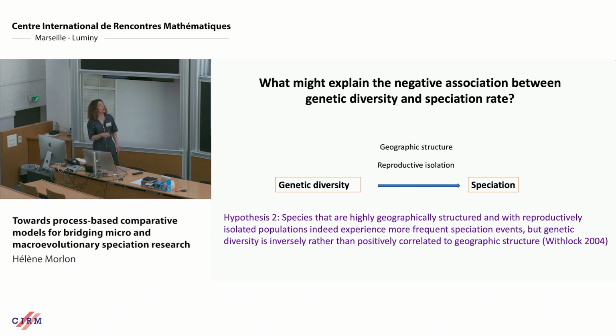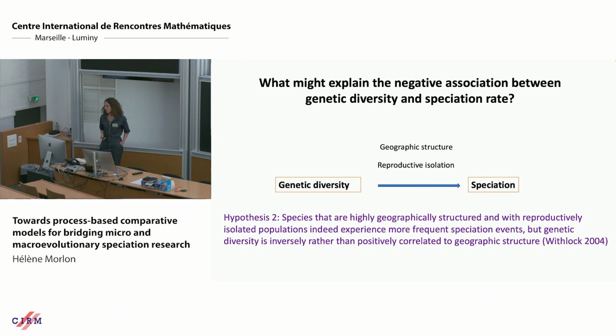So there are theoretical results that suggest that species that have a high geographic structure would have a more frequent... Yeah, so under some specific conditions, I think it's under the continent-island model, we expect that genetic diversity would be lower under geographic structure when there's a lot of geographic structure or not. So it's a result by Whitlock here.